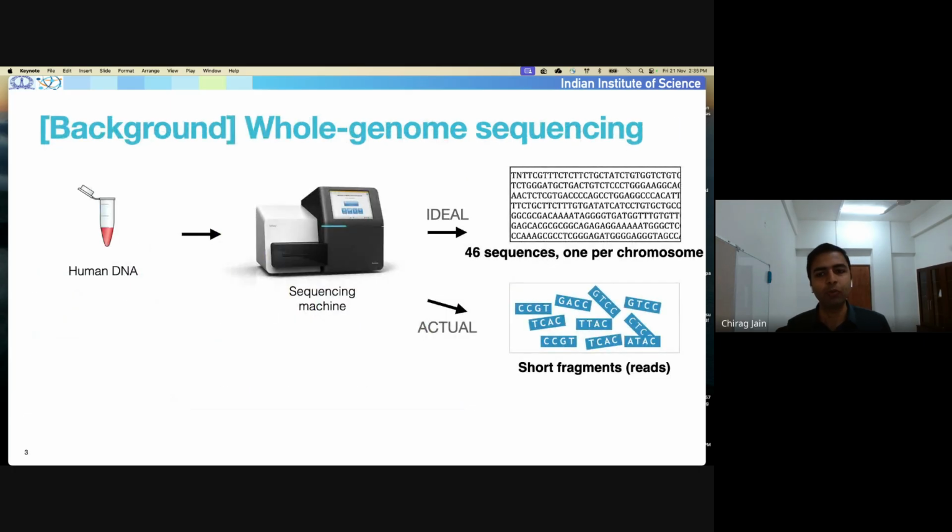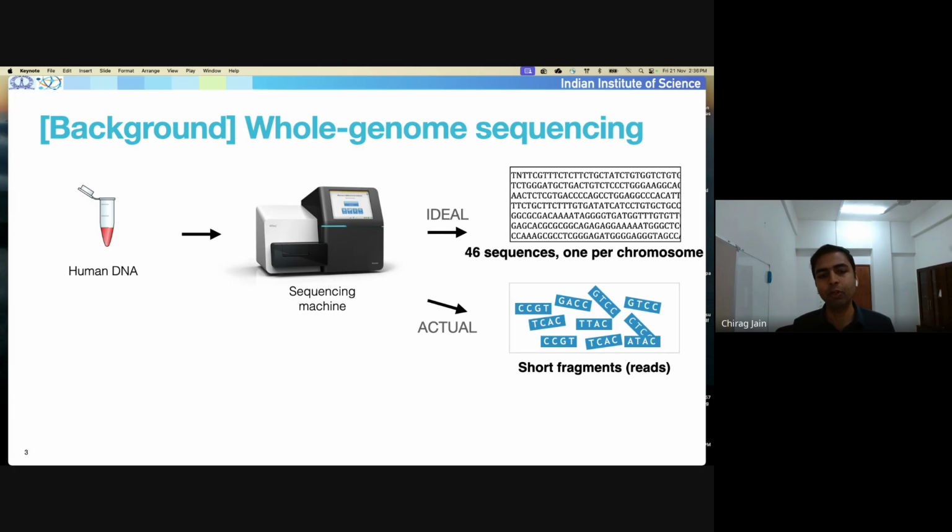Another background slide is on whole genome sequencing. When we sequence the genome of any individual, we would take their, let's say, blood sample, and use a sequencing machine. What we would like is 46 sequences, one for each chromosome.